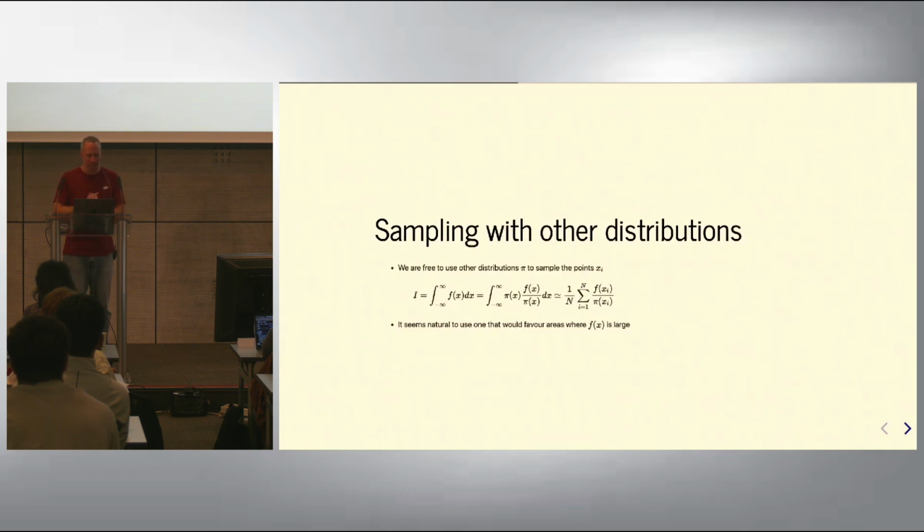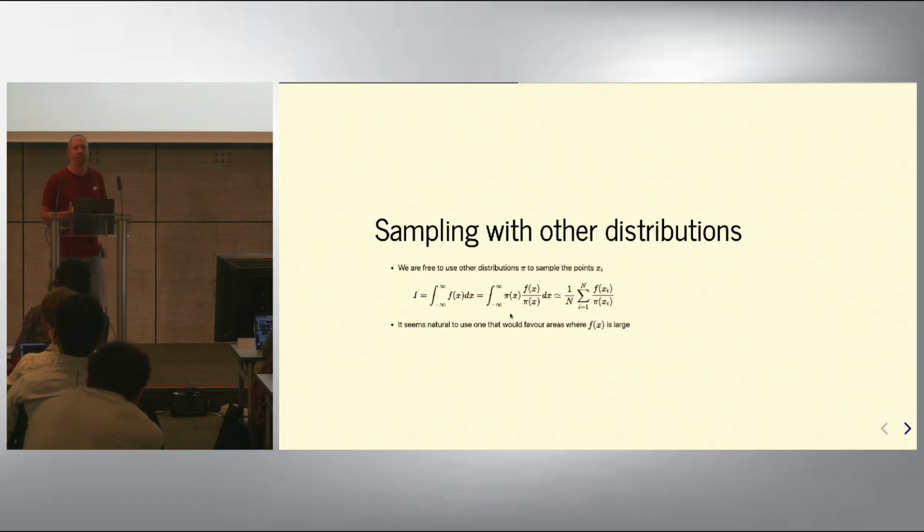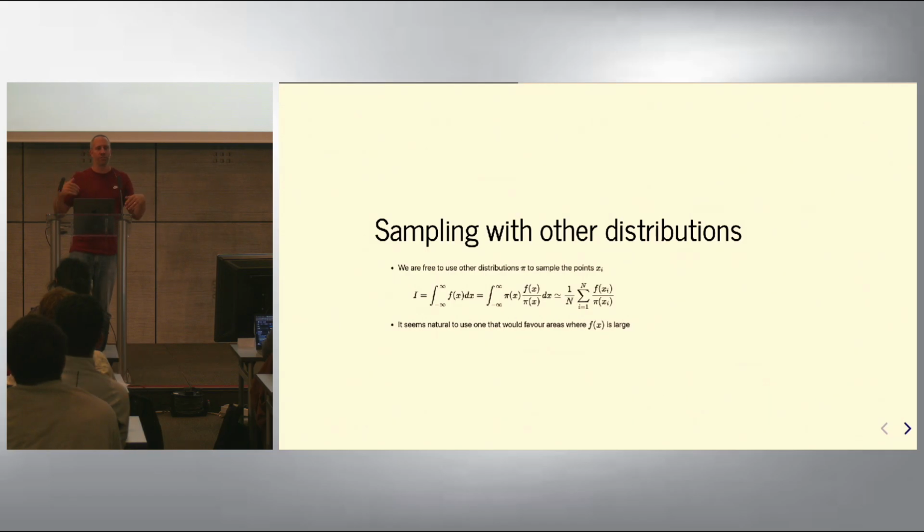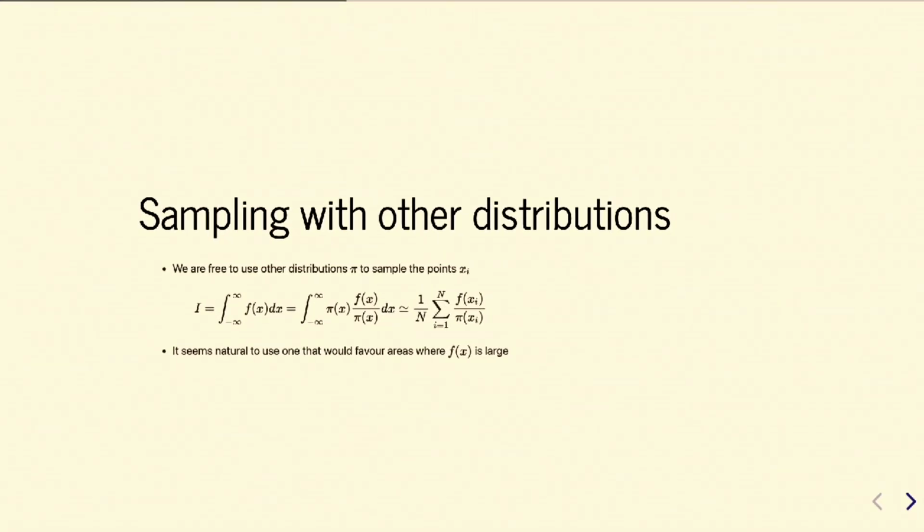Yes, actually I'm lucky. The formulas I wrote are quite general. Up to here, this pi of x can be anything. So instead of taking something purely uniform on a certain interval, I could actually take something different, which is more centered around the place where the function has its largest value and its more delicate structure. For example, I could take just a simple Gaussian.